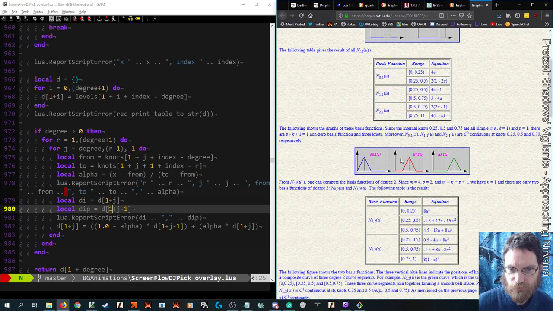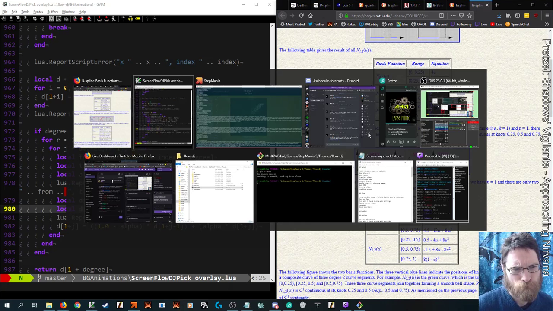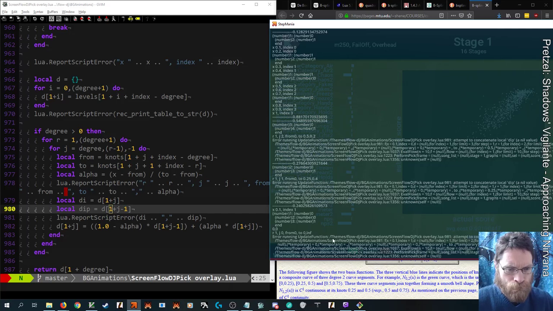Continuous at knots. So we got it to do 1, and this should be, oh, this is degree 1, so that's going to select 2.